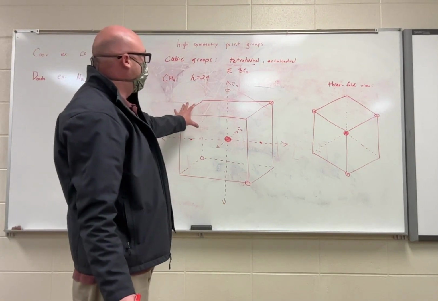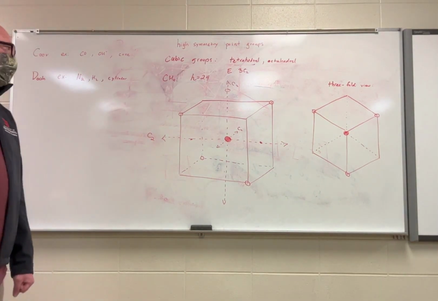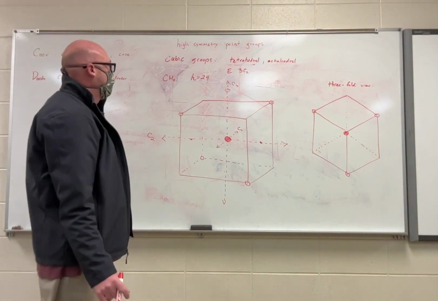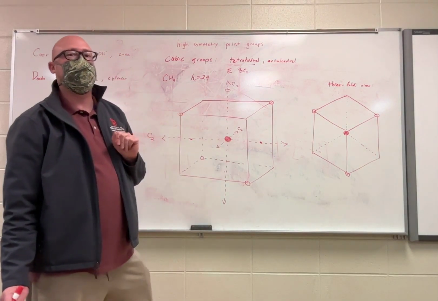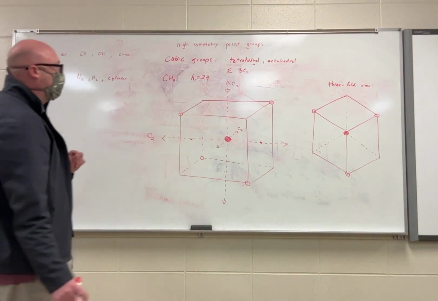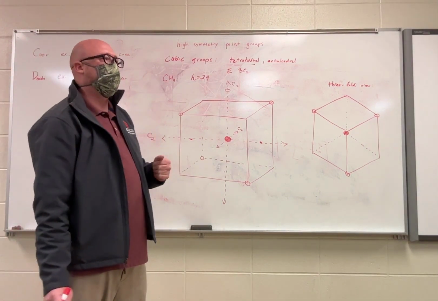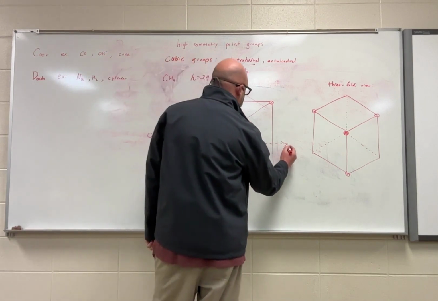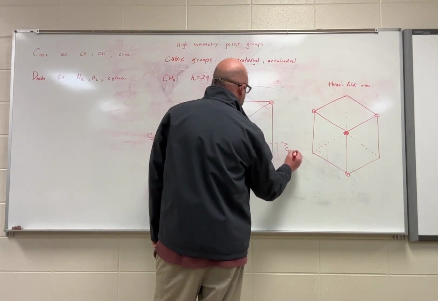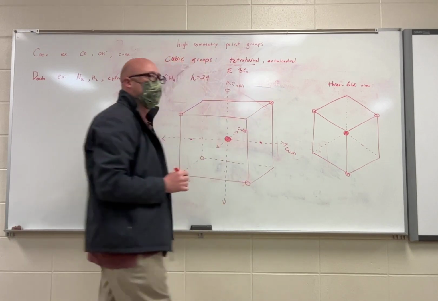Are there any mirror planes? So it turns out any two of those C2 axes can be used to define a mirror plane, a reflection plane in this molecule. So if I want to call this one, for example, C2x, and call this one C2y, and this one C2z, right?